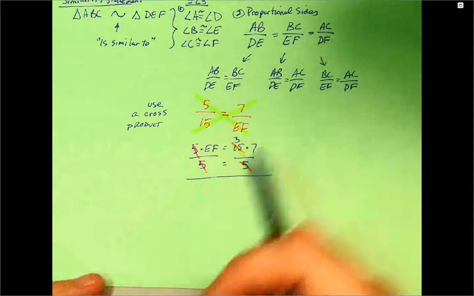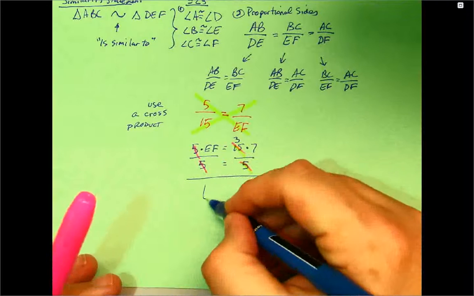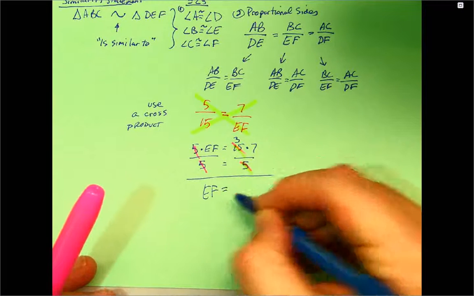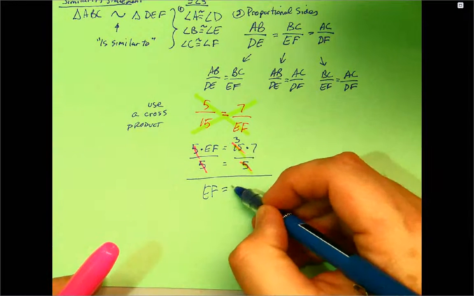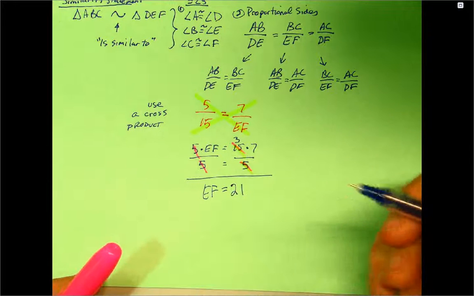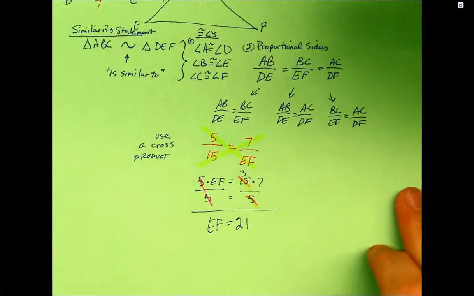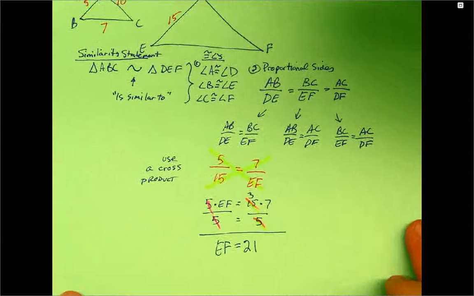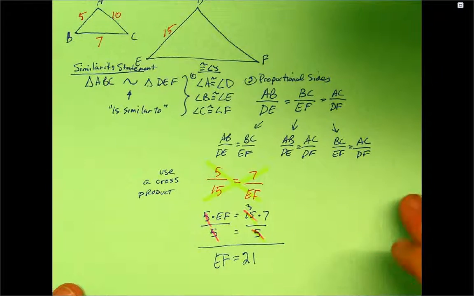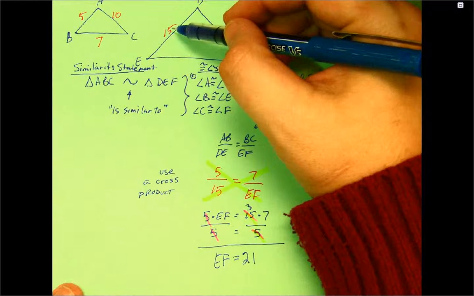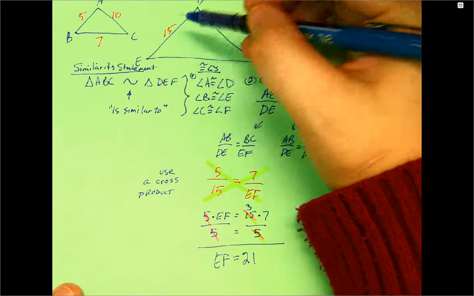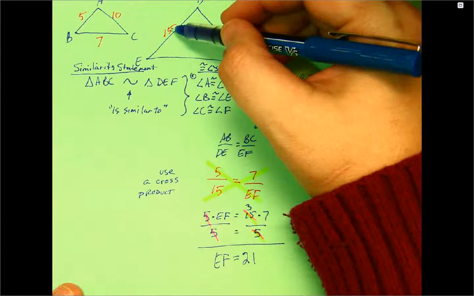And that's 3 times 7, which is 21. So 5 times what got me to 15? I know this answer is 21, but that's 7 times 3, isn't it?